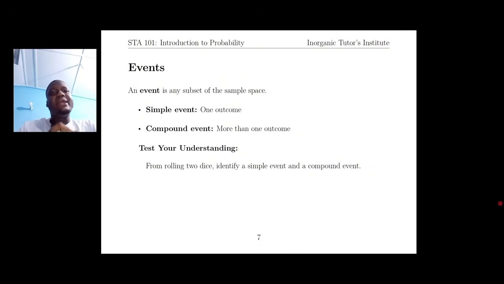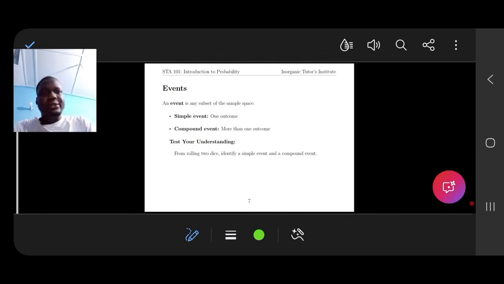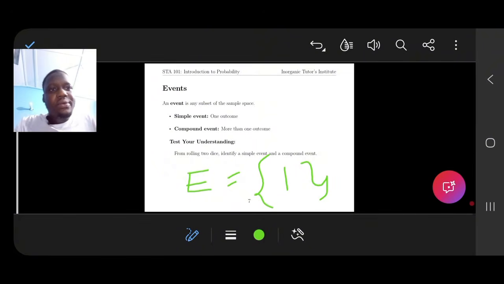When the event lists just one outcome, we call it a simple event. So if you have event equals 1, it means that when we roll the die, we are interested in 1 showing up.